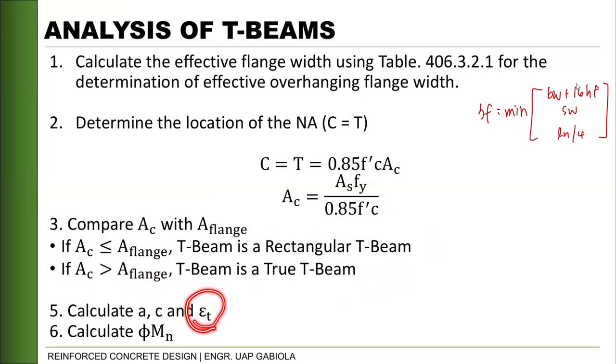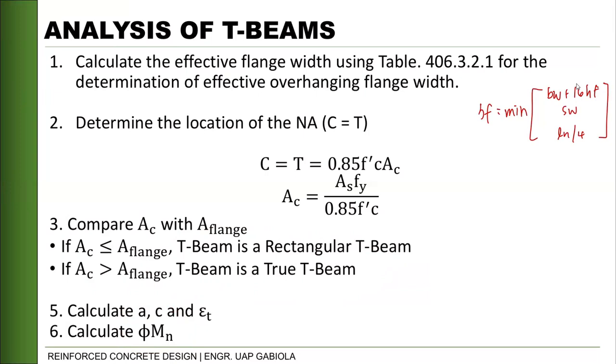Okay. Then after that, we have our φMn and Mn will just be equal to the moment of either our compression force going towards our tensile force or our tensile force going towards our compression force. So, yan. So basically, yan lang yung steps natin.